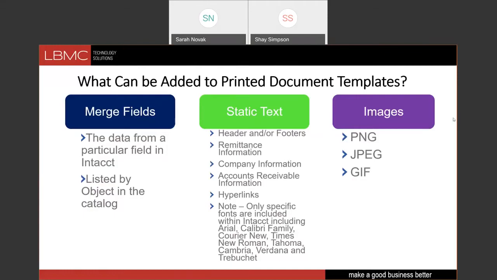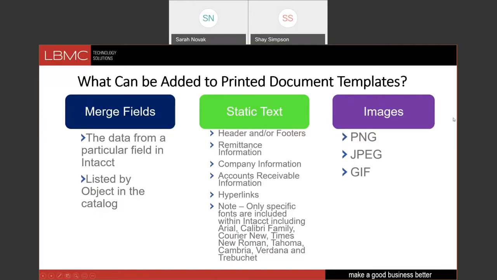Perfect. Thank you, Sarah. All right. So again, if you selected all three, you would be correct. So the first place we're going to look is platform services, customization tools, and catalog.